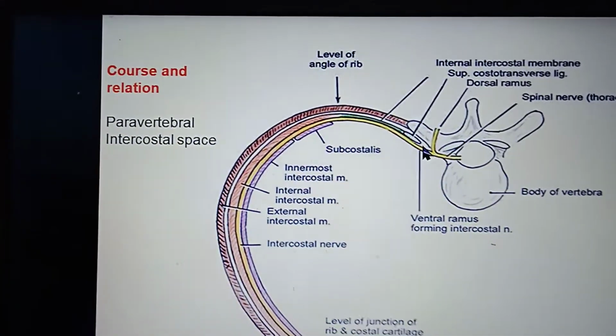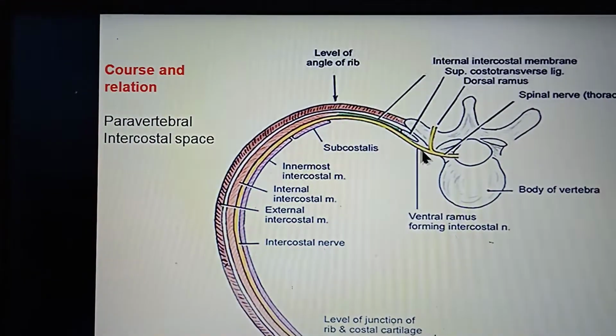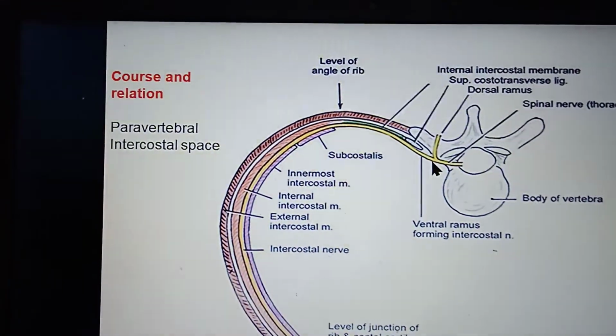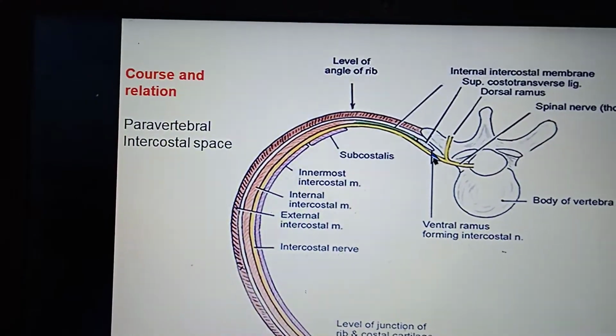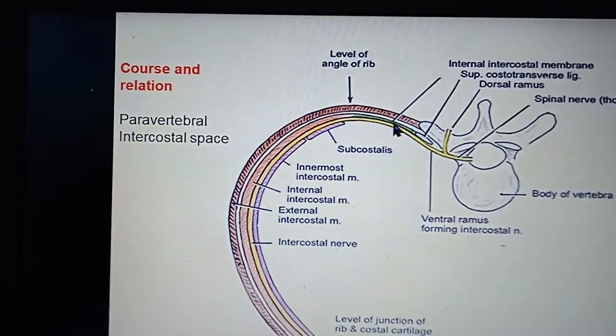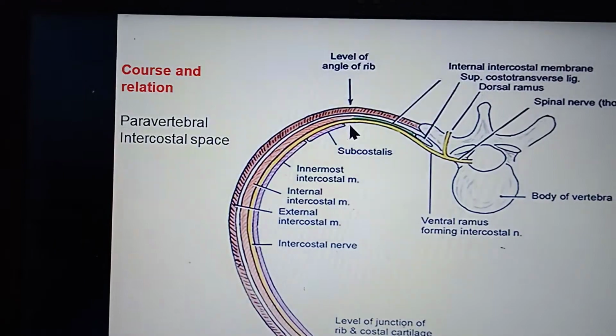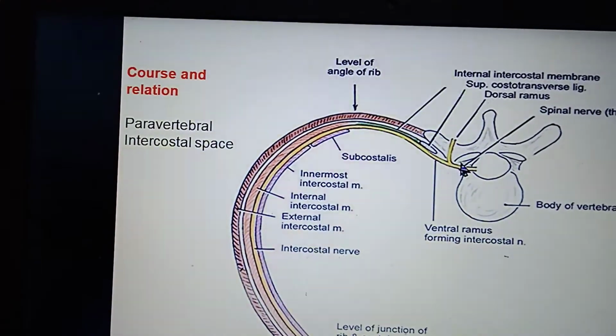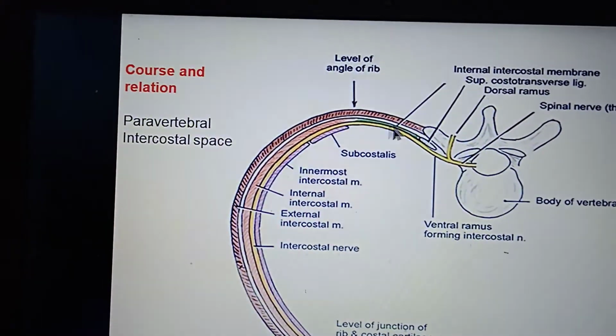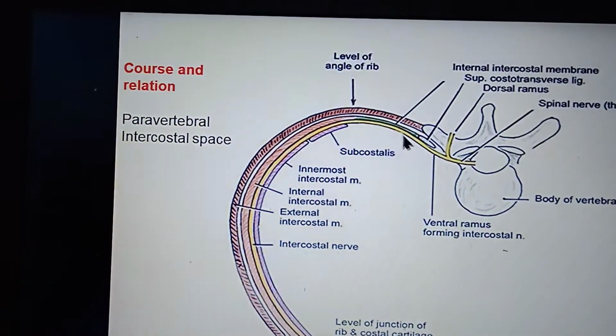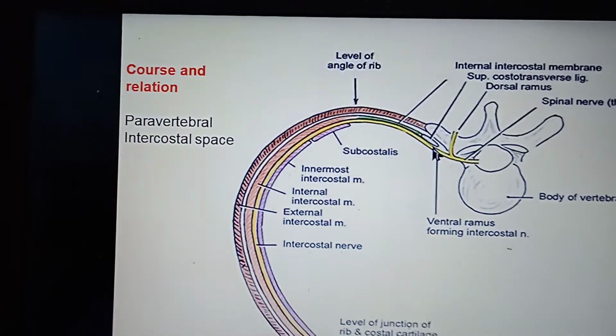Okay, now we are discussing about this ventral rami, which is also known as intercostal nerve in the area of thoracic region. So this nearby up to the posterior angle, this is known as the paravertebral space. So in the relation here we have to discuss the relation.